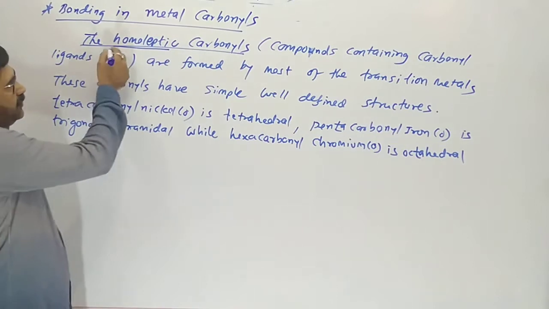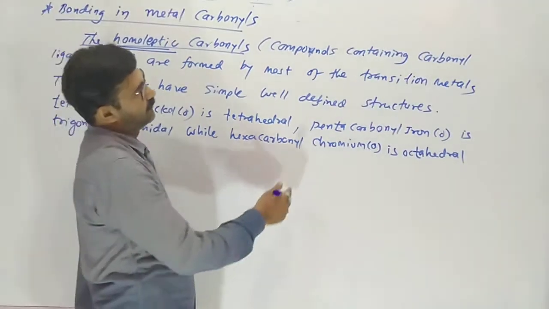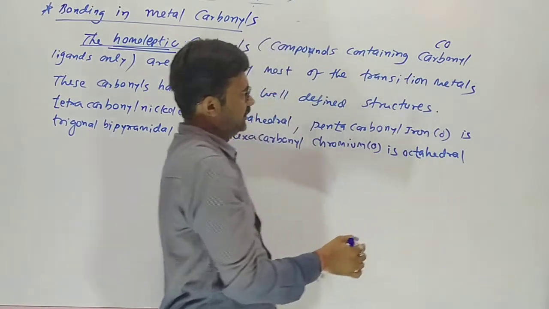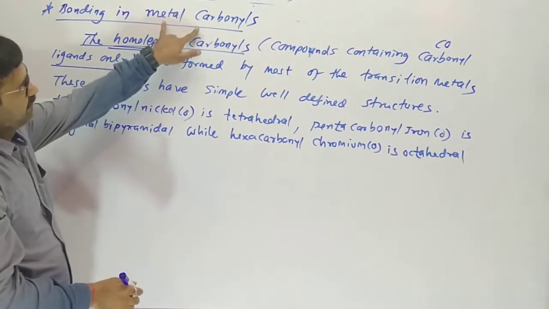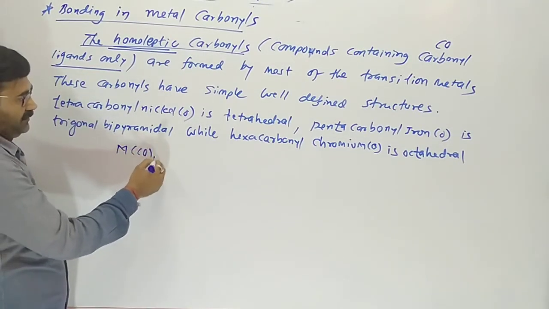Now clear? Homoleptic means all the ligands with the metal are of one type. A compound containing only carbonyl, that is CO, ligands is called a metal carbonyl. Metal with only carbonyl.